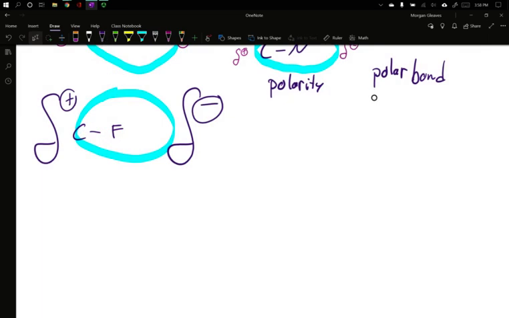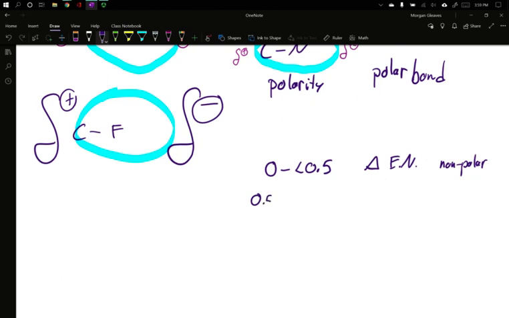Let's talk about what those ranges are. If you are 0 through about less than 0.5 change in your electronegativity, then you are nonpolar. Well, carbon and hydrogen are different by 0.4. They're not different enough for a charge to really build up. It's not noticeable to any other atoms.